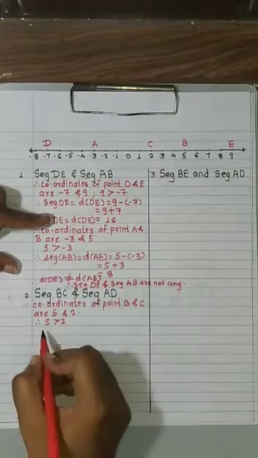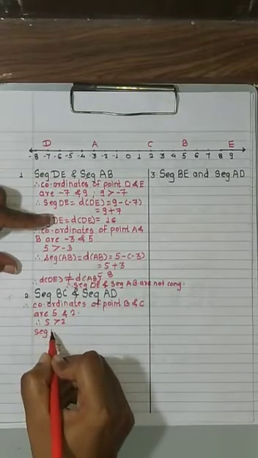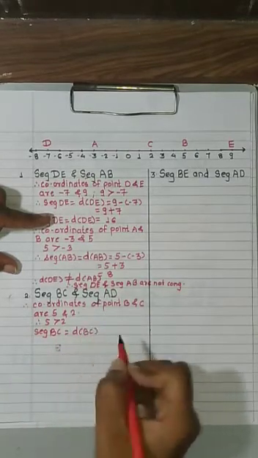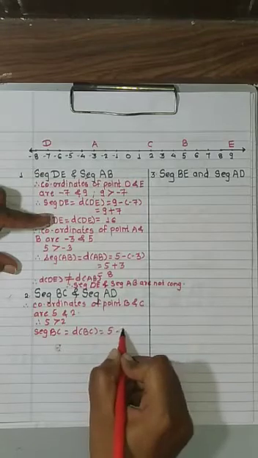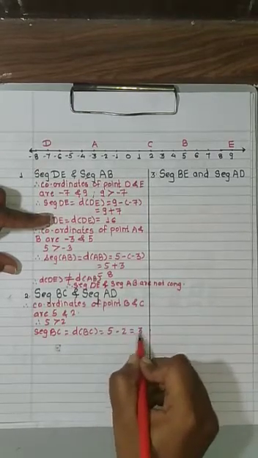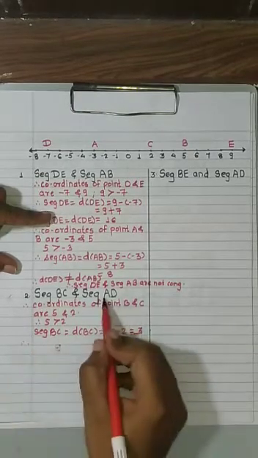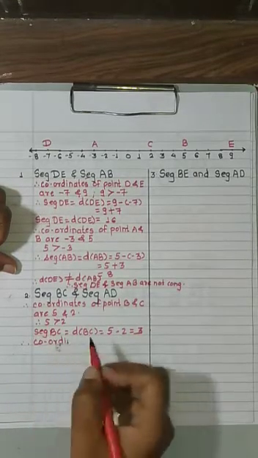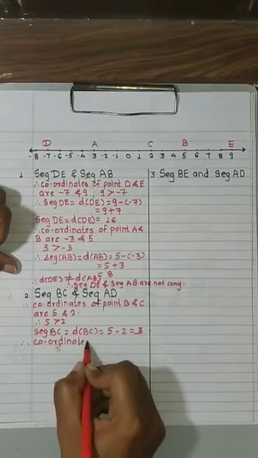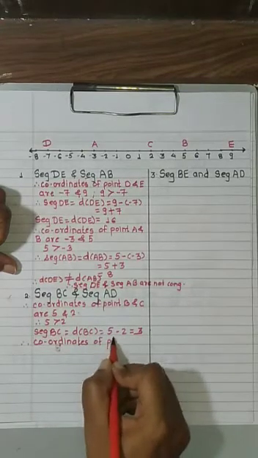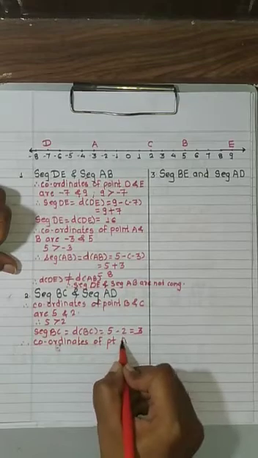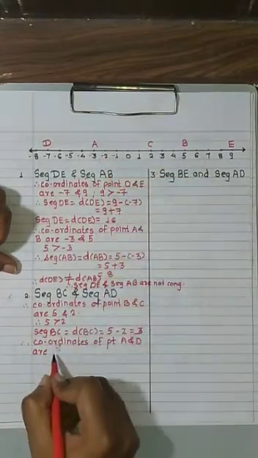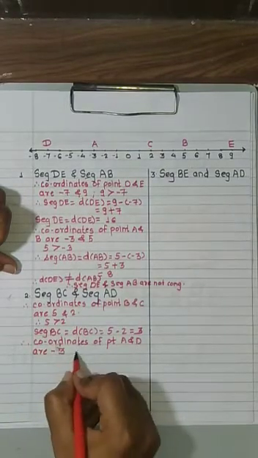Therefore you can write down segment BC is equal to distance BC is equal to 5 minus 2, that is 3. Now let us write down the coordinates of point A and D.